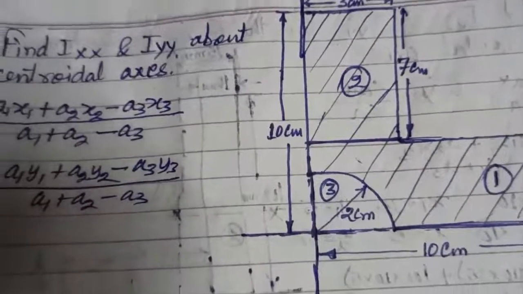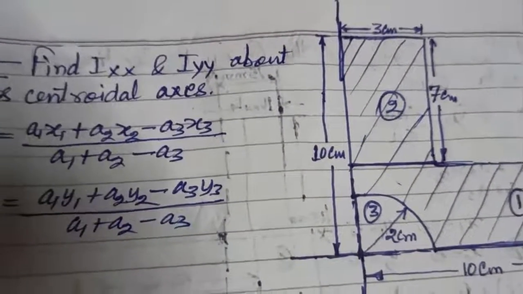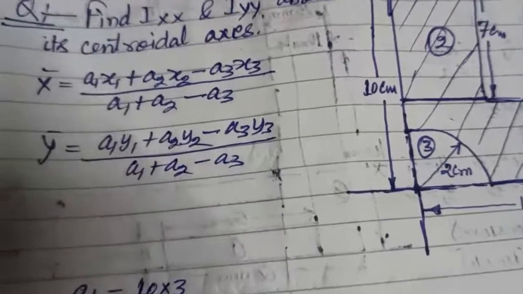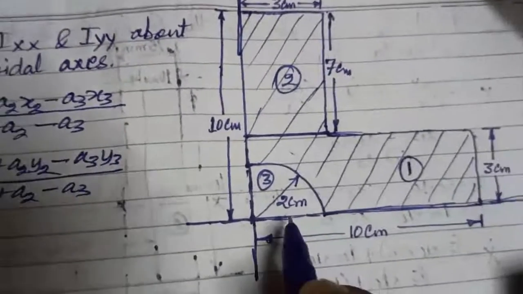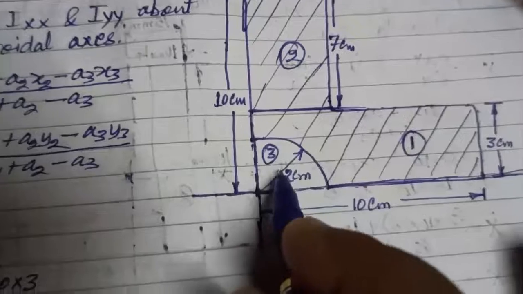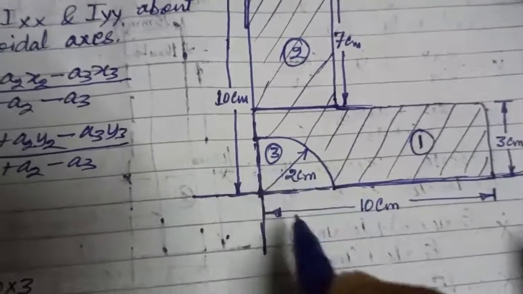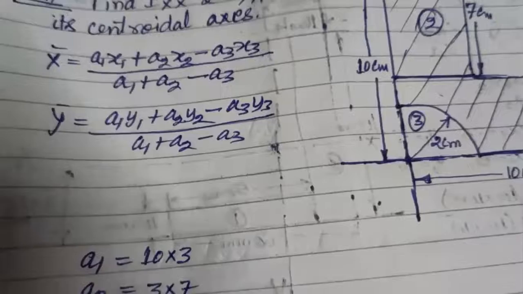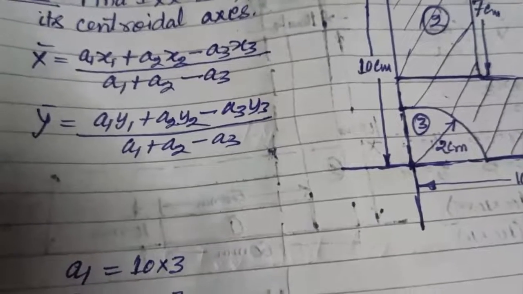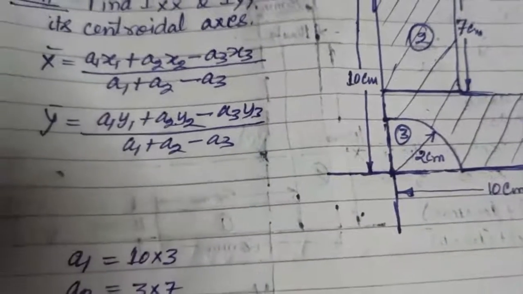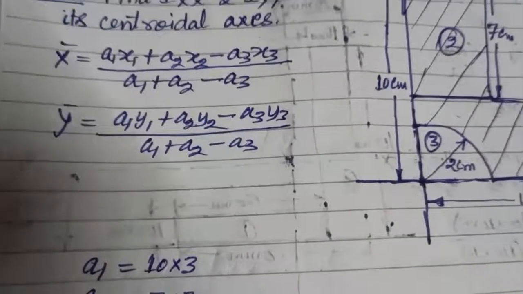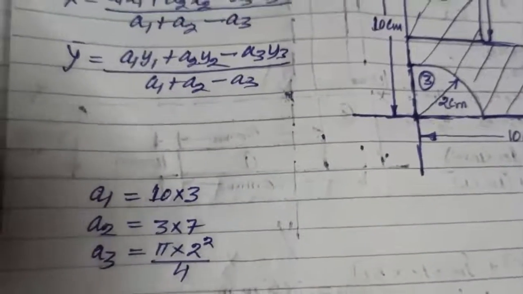And A3 is pi r square by 4 because it is a quadrant. So this is pi into 2 square divided by 4. So this is A1, A2 and A3.